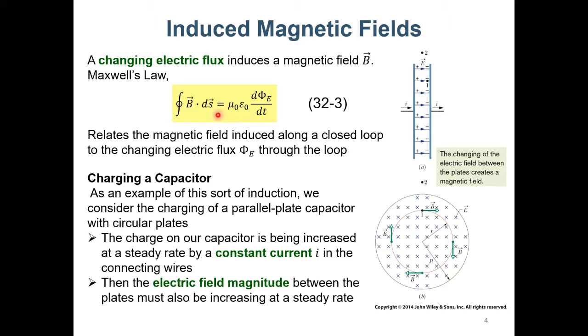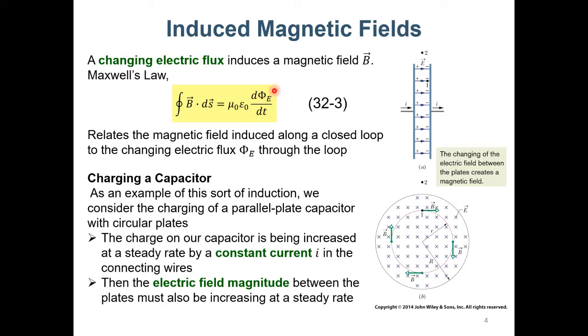Here, the left side is the same line integral, but the right side is a little bit different. Still mu0, but we have this term epsilon 0 times the time derivative of the electric flux over this surface.